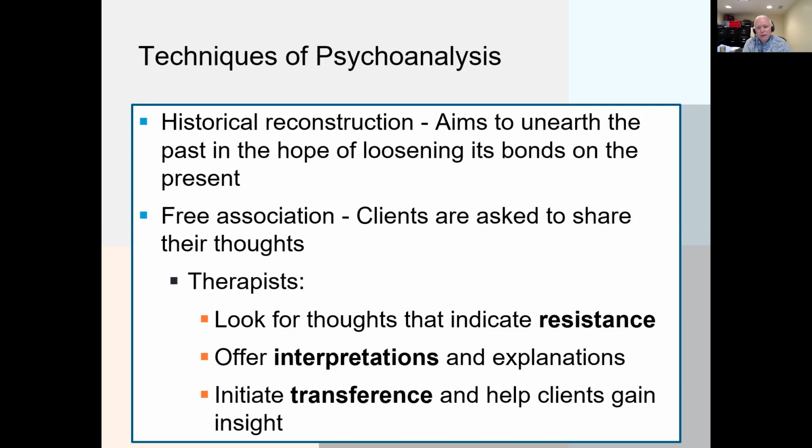He also believed in the value of dream interpretation and believed that what's going on in our unconscious mind can become known to us in a symbolic way through our dreams. In fact, he was quoted as saying that dreams are the royal road to the unconscious.